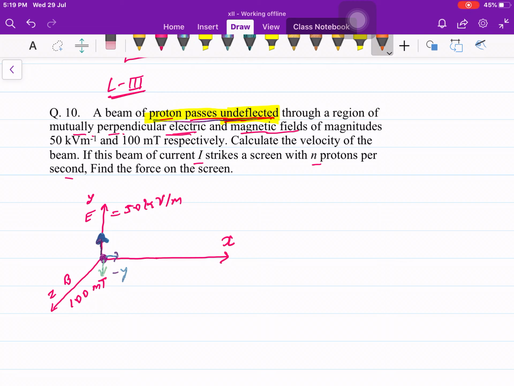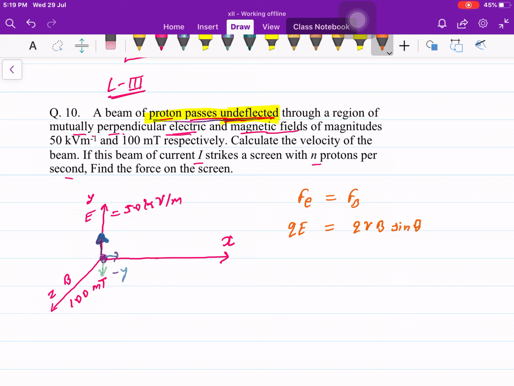So now let's see what is the force. Electrostatic force and magnetic force. The electrostatic force formula is QE, and magnetic force formula is QVB sin theta.